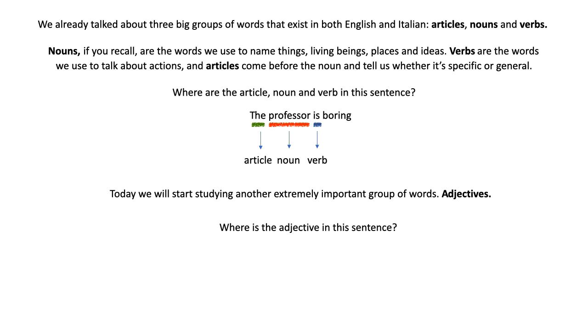So where is the adjective in our sentence? The professor is boring. Well, you already know, right? There's only 4 words. We already classified 3 of them, so boring must be our adjective, right? That's our adjective. But what are adjectives? Well, adjectives are words that we use to describe nouns. For example, in the previous sentence, the professor is boring.